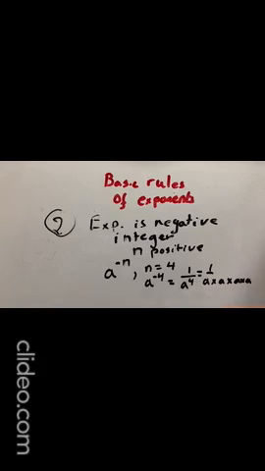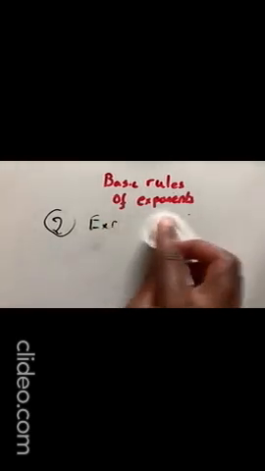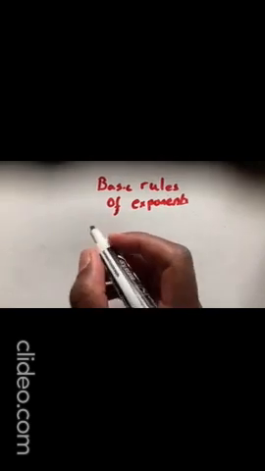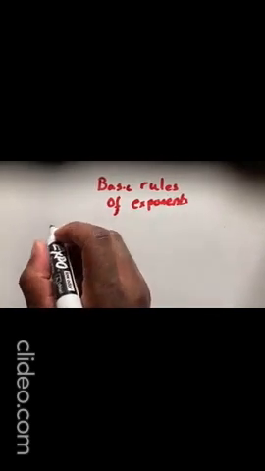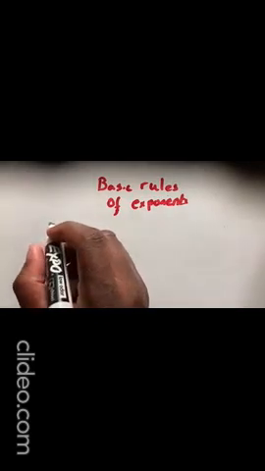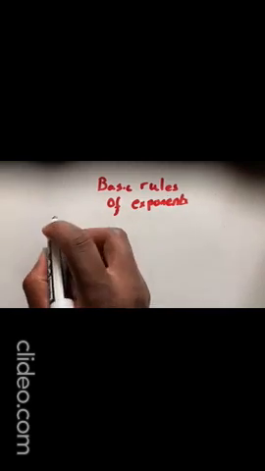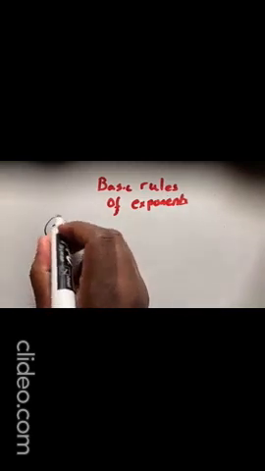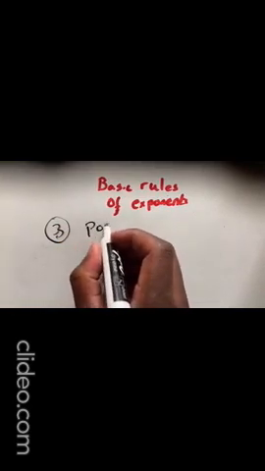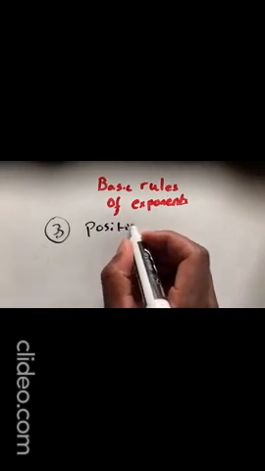Now we're going to move on to another rule. Just erase this. And okay, so now the third basic rule of exponents is when we have radicals, or basically we're dealing with a positive fraction.